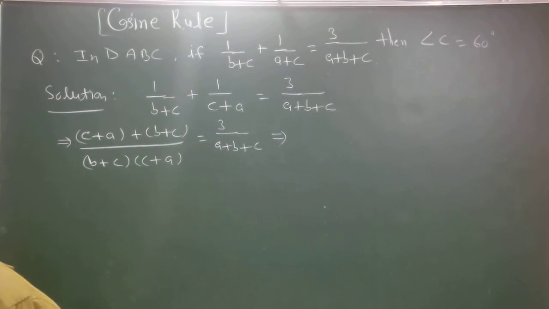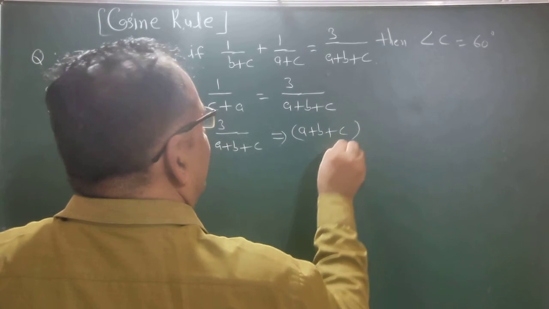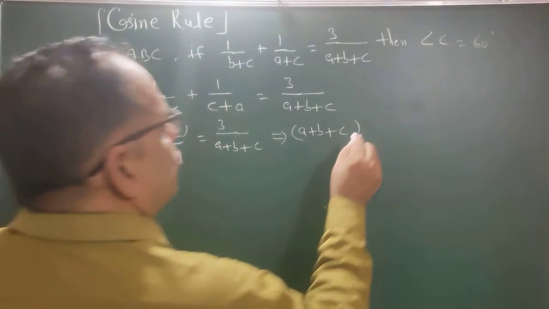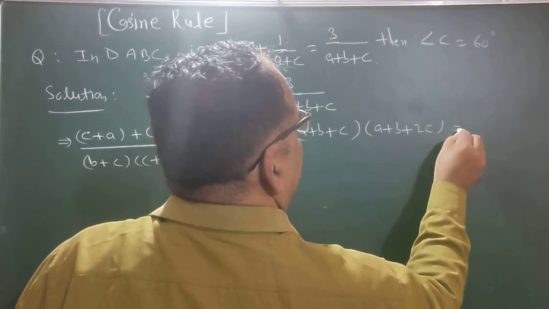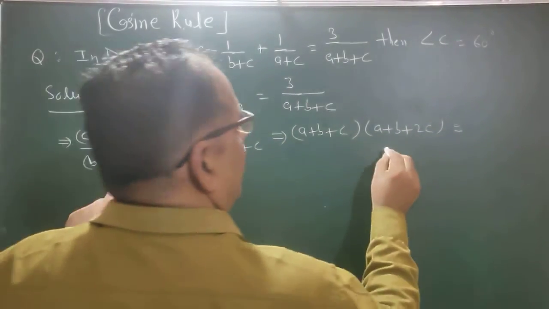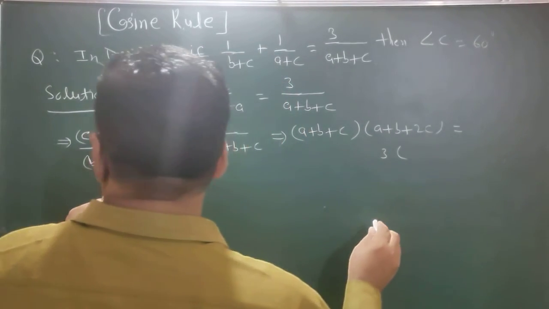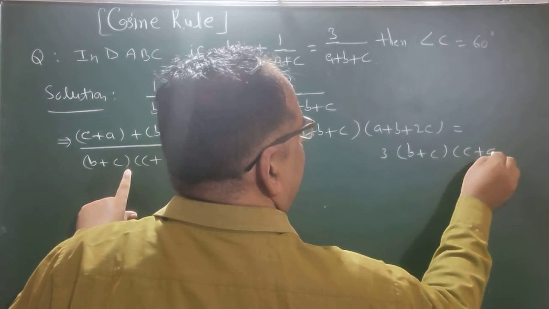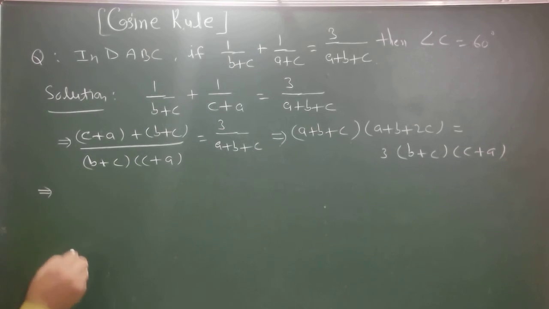After cross multiplication, we have (a plus b plus c) multiplied with (a plus b plus 2c) is equal to 3 into (b plus c) into (c plus a). Okay. Now in the next step, open the brackets.